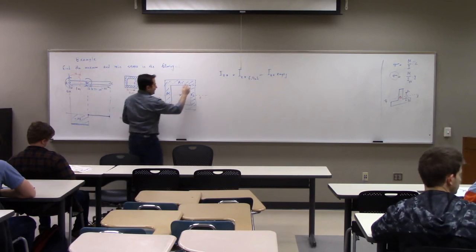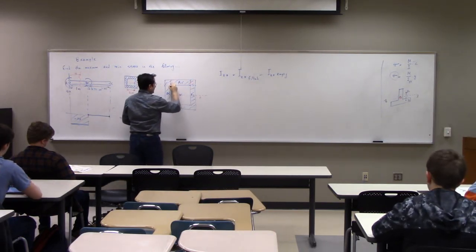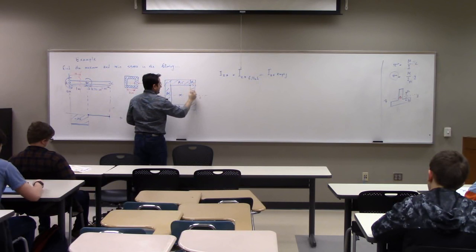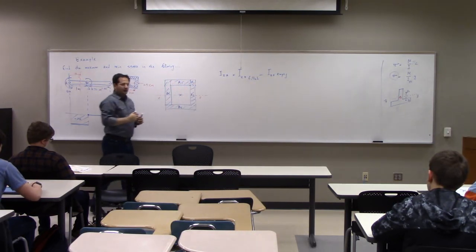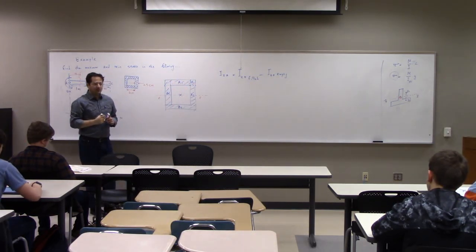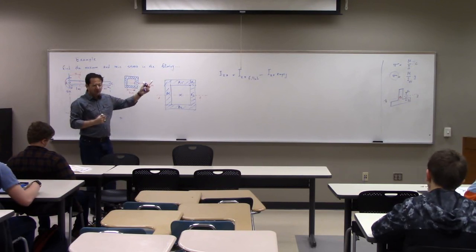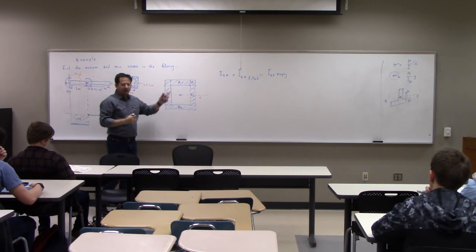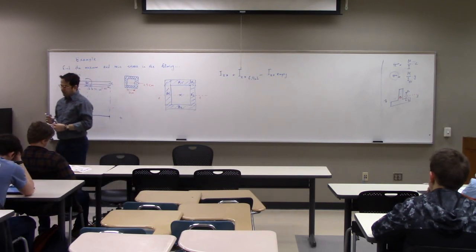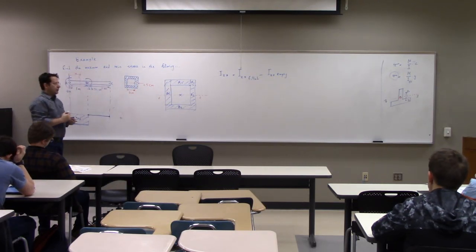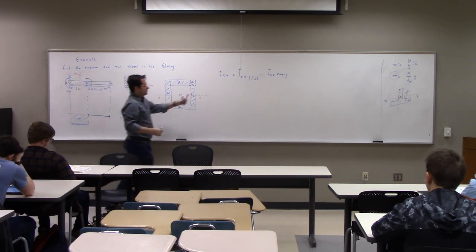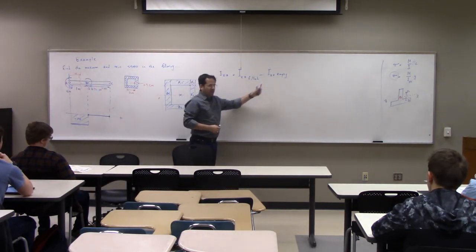Another way is you can cut it like that: A1, A2, A3, A4, A5. But that's going to be a little bit lengthier, though the result should be the same. So I strongly recommend, if you want to learn this concept of moment of inertia, please go ahead and do it in different ways. Do not just memorize that.